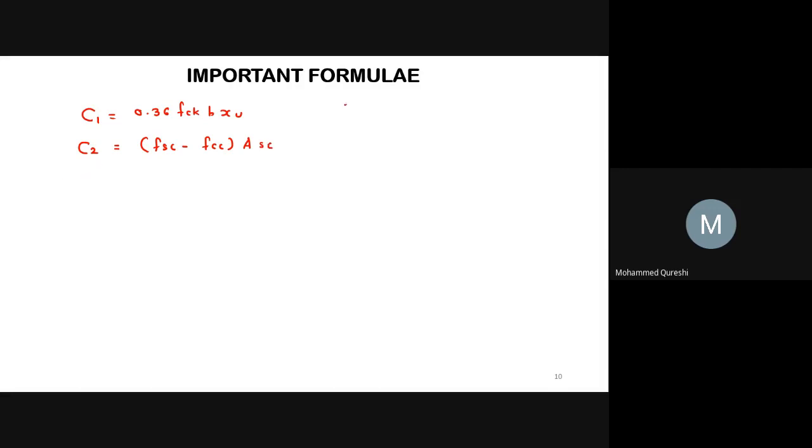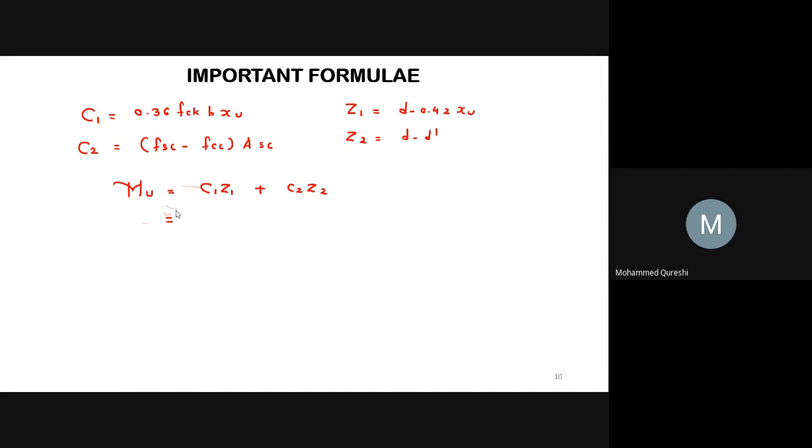The value of lever arm for singly is d minus 0.42 xu, and for doubly, that is for C2, d minus d dash. Now from the given equation we may find that we had calculated C1Z1 plus C2Z2 previously. So we are just inputting the values of C1, Z1, C2 and Z2.